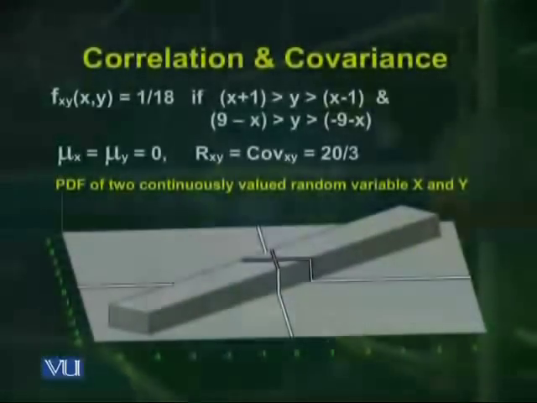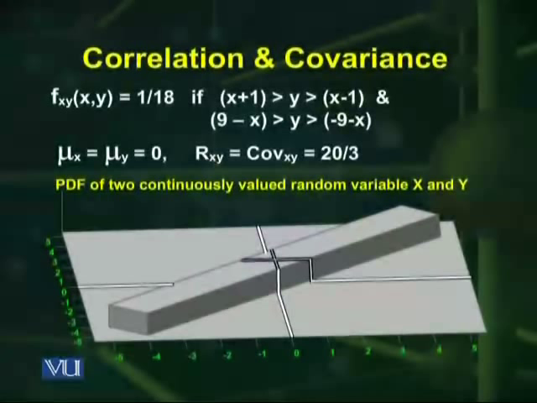So when you have mean values of x and y 0, you can cut this joint density at the coordinate axis and get 4 regions. And as you can see from the slide, the region in the first quadrant is a long part of this rectangular strip, and similarly the region in the third quadrant is also a long part, whereas the region in the second and fourth quadrant are small triangles.